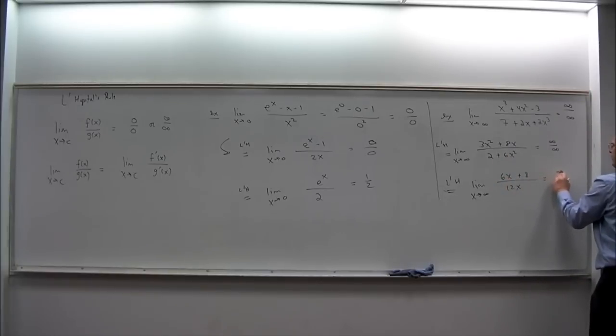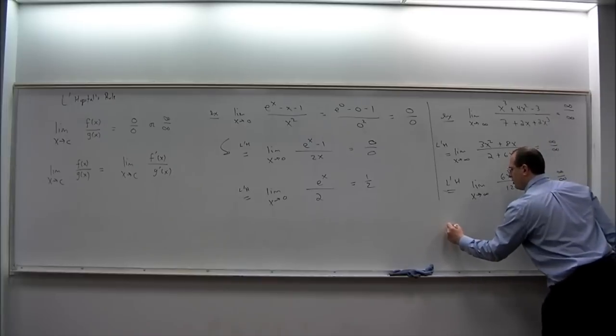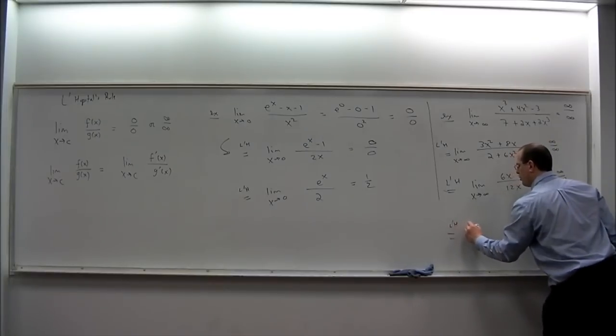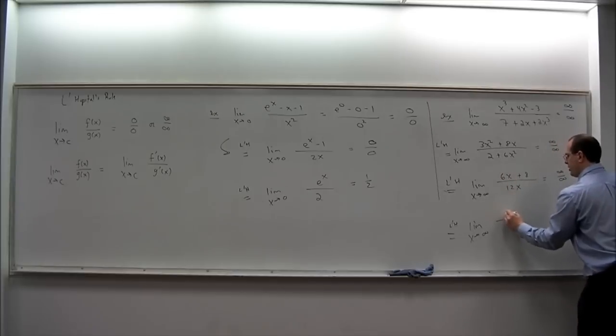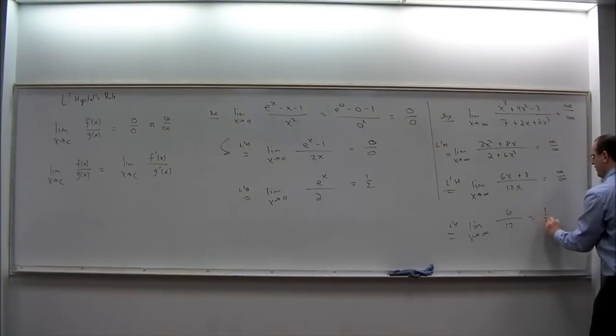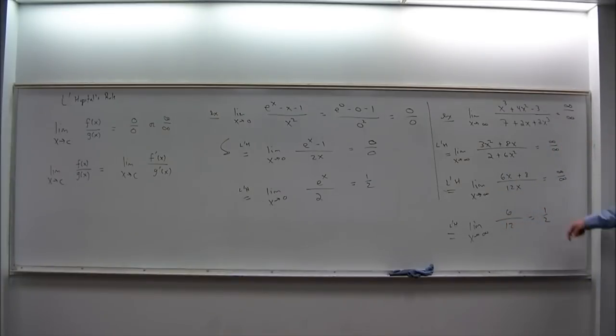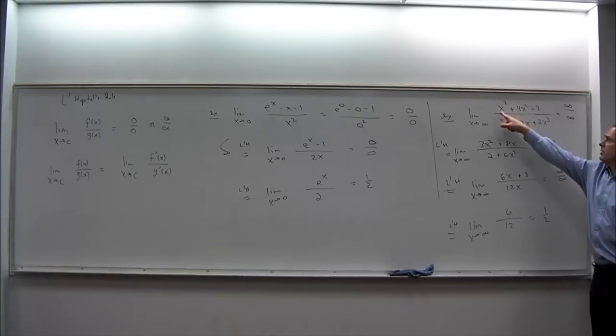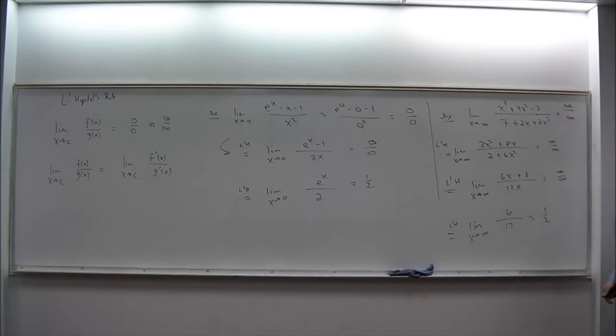It's infinity over infinity again. We can use L'Hopital's rule one more time. That'll do the trick. We get 6 over 12, which is a half. And that was the ratio of the lead coefficients here. 1 over 2 was a half. So the L'Hopital's rule method agrees with the ratio of lead coefficients idea.